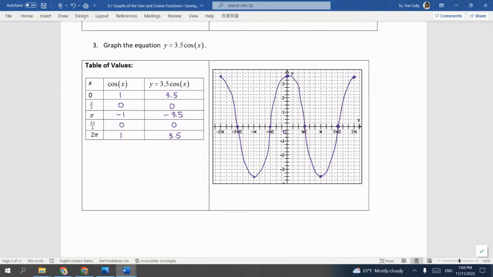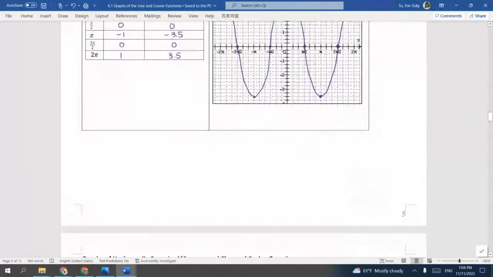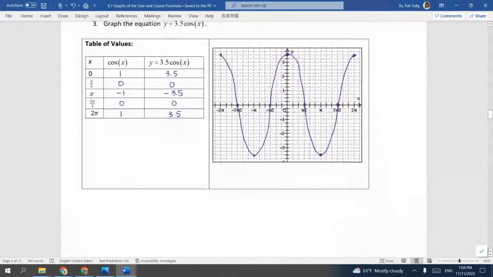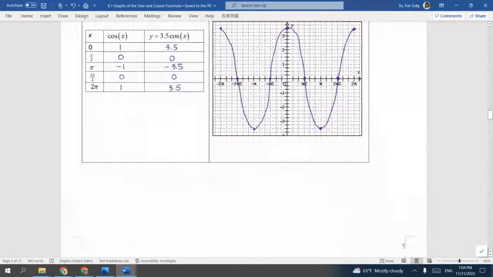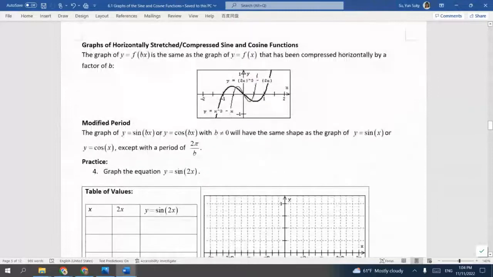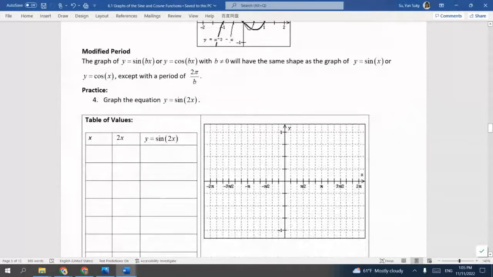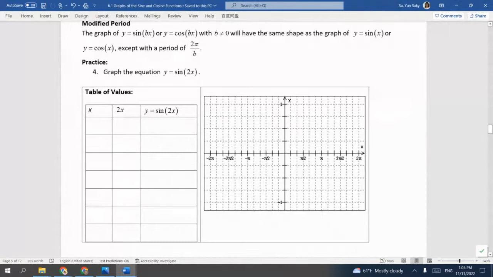Okay, let's look at harder problems. So this is a vertical stretch, right? And horizontal compress. We're going to change the inner function, the inputs.